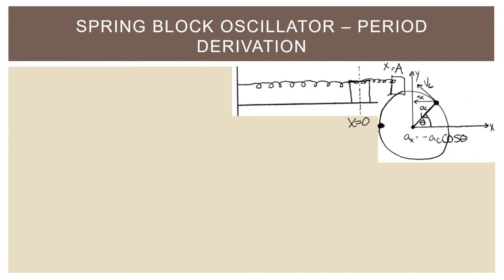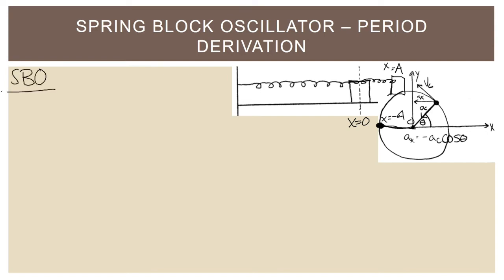So as this object moves around the circle, its x-coordinate really is just going back and forth and back and forth. And here, the object is at its maximum negative displacement from the equilibrium position, which is there. And so this distance is actually x equals negative A, but the magnitude of the displacement, of course, is just the amplitude. I want you to keep that in mind as we go forward.